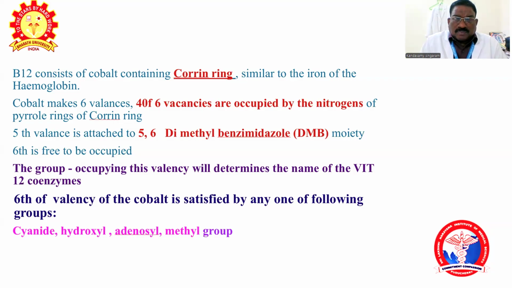Out of the 6 valences of the cobalt, 4 are occupied by the nitrogen of the pyrrole rings of the corrin ring. The fifth valence is attached to the 5,6-dimethylbenzimidazole moiety. The sixth is free to occupy. The sixth valence is occupied by cyanide, hydroxyl, adenosyl, methyl group, etc. The group occupying this valence will determine the name of the vitamin B12 coenzyme.